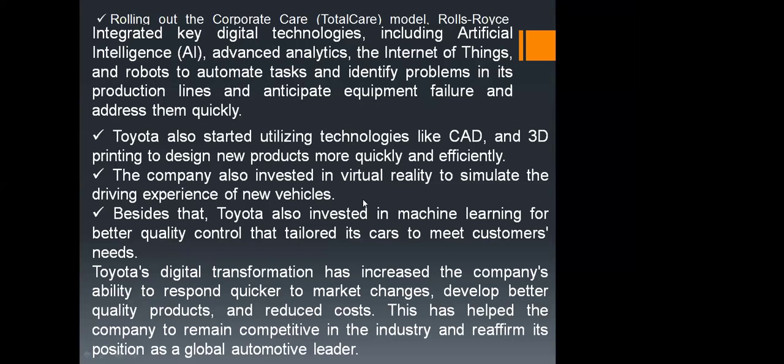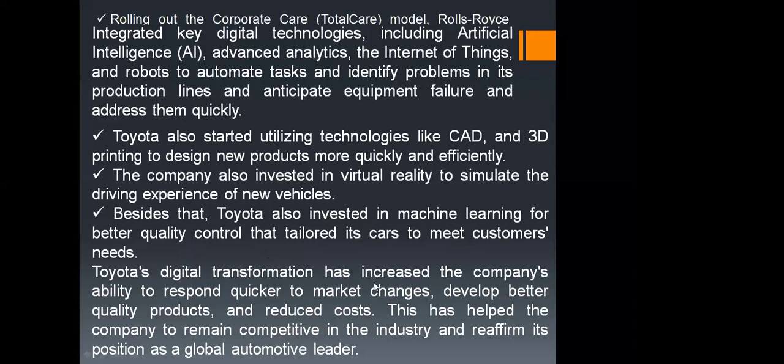The company also invested in virtual reality to simulate the driving experience of new vehicles. The customer who will be buying is provided a simulator so that they can get the feel of how the vehicle runs. Besides that, Toyota also invested in machine learning for better quality control, tailoring cars to meet customer needs.